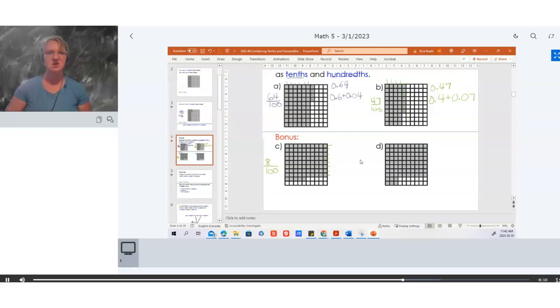So 80 something, 81, 2, 3, 4, 5, 85. And it's the same process. 0 and 85 hundredths. Or to split it into the tenths and hundredths, 0 and 8 tenths plus 0 and 5 hundredths.